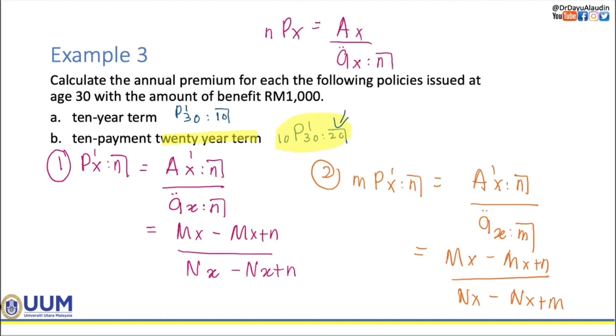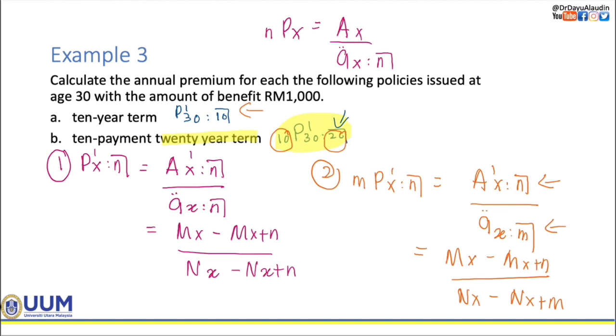So now, how do we calculate this? The insurance, we still use term insurance. However, for the annuity, instead of using this n, we have to use the 10. So the annuity must follow the number of premium payments. So for this one, the premium is paid every year, 1 premium, so 10 times.